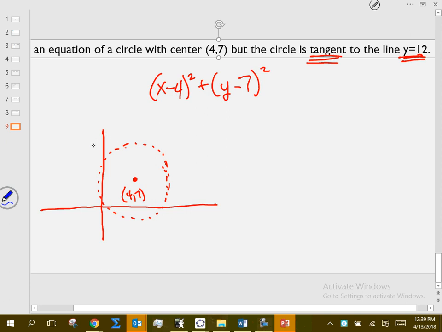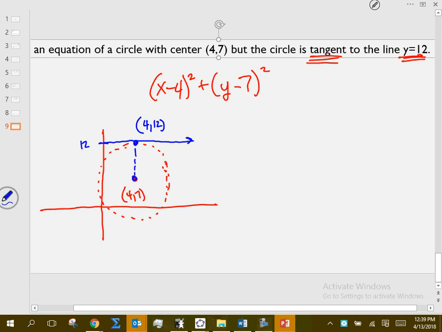Horizontal and going through what y value? 12. So that's 12. There's our line y equals 12. If they're tangent, that means they touch one time right there, correct? What's the ordered pair for that point? (4, 12). It has to be vertically aligned right there, right?